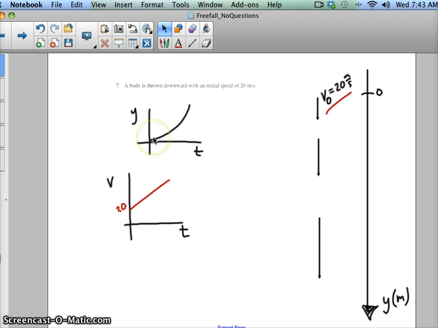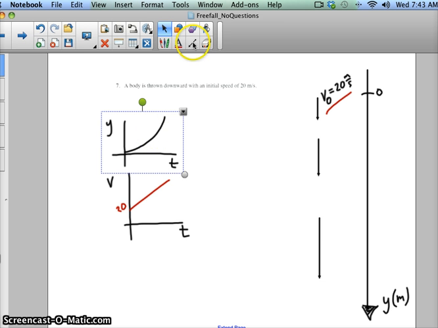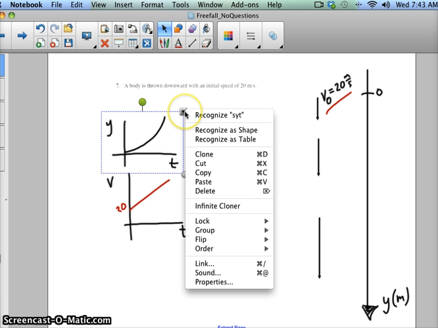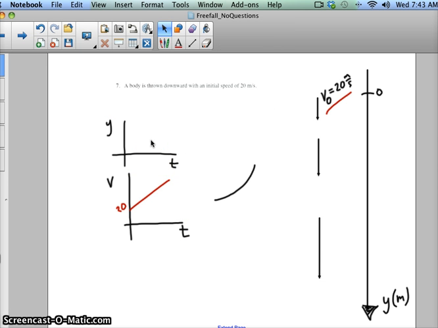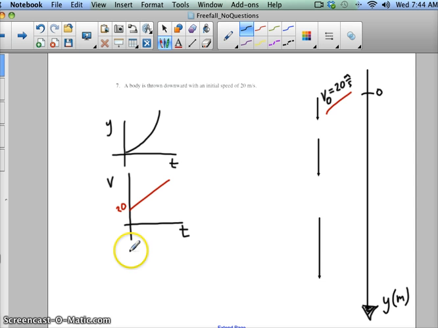I should probably start my slope a little bit steeper just to show that. So I can take this line and start it out a little bit steeper, something like that, so it doesn't start flat, horizontal. That would show that my initial velocity is 20 meters per second downward.